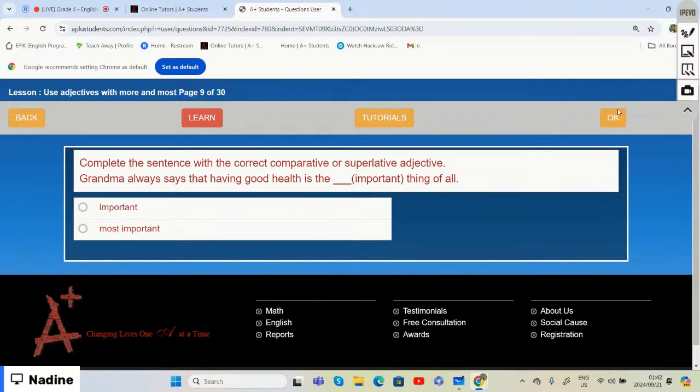All right. Then if we were to choose the correct option, we say grandma always says that having good health is the, do we say, important thing of all? Or do we say is the most important thing of all?